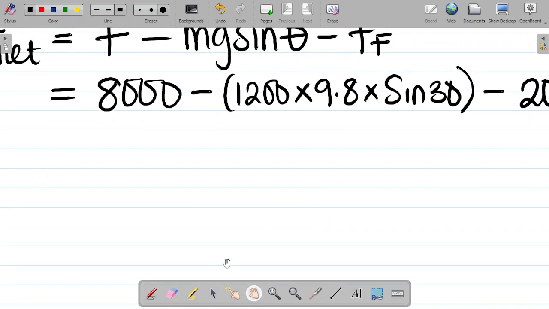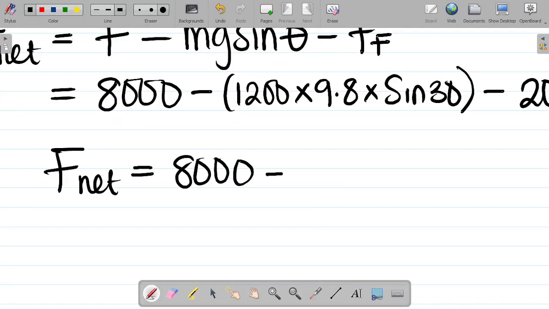Alright, so let's get the F net, the net force. I'm having this as 8,000 minus, so I'll get my calculator and punch this. What do I have? 1,200 times 9.8 times sine 30. That's about 5,880. Please make sure you punch correctly and your angle is in degrees.